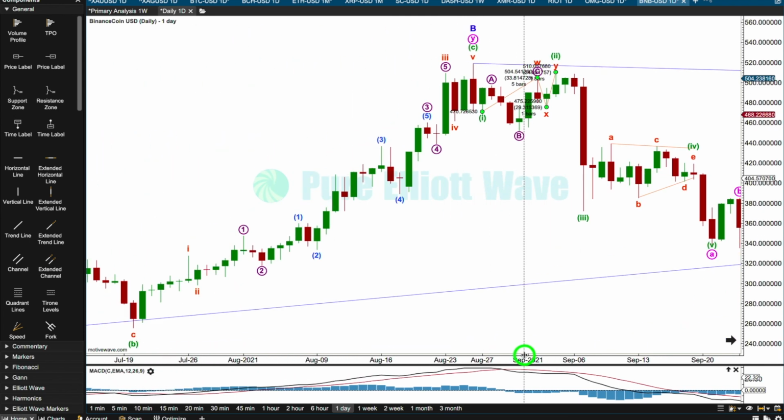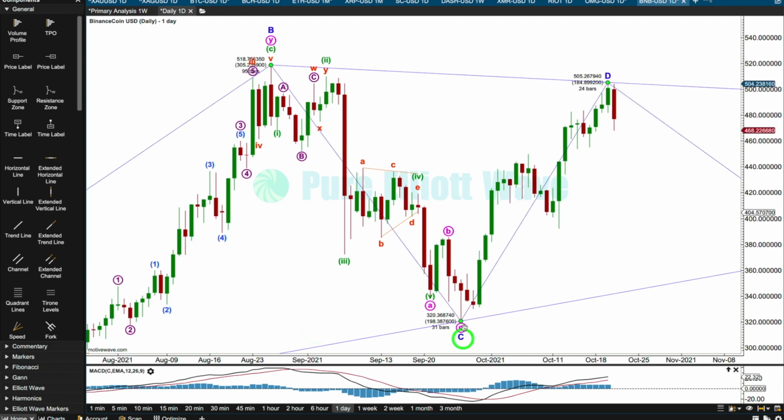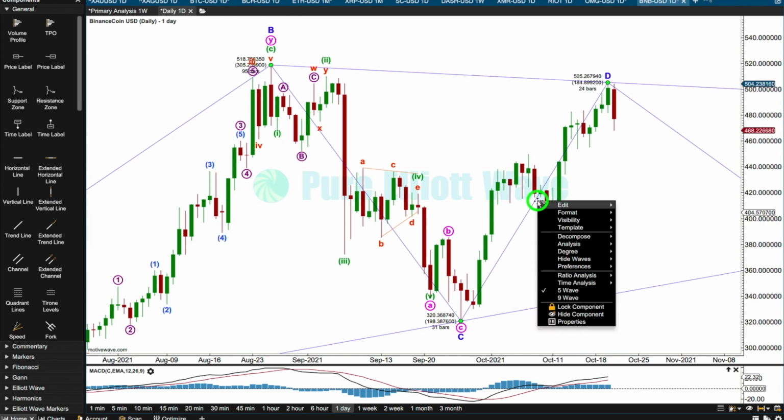Minuet 4 as a triangle looks really good. Okay, so minus C is probably complete. D, oh, I don't think that's complete.